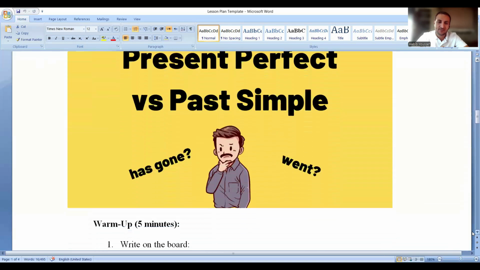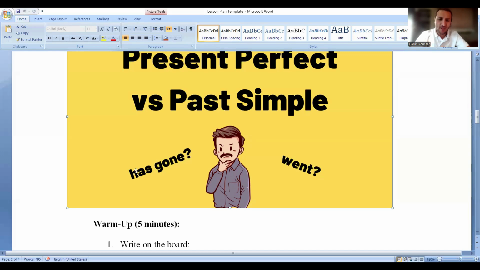So the first piece of information we've learned together is that has gone is present perfect, but went is past simple. Now I'd like to draw your attention to something important, which is that the present perfect consists of two parts or two words, has and gone.